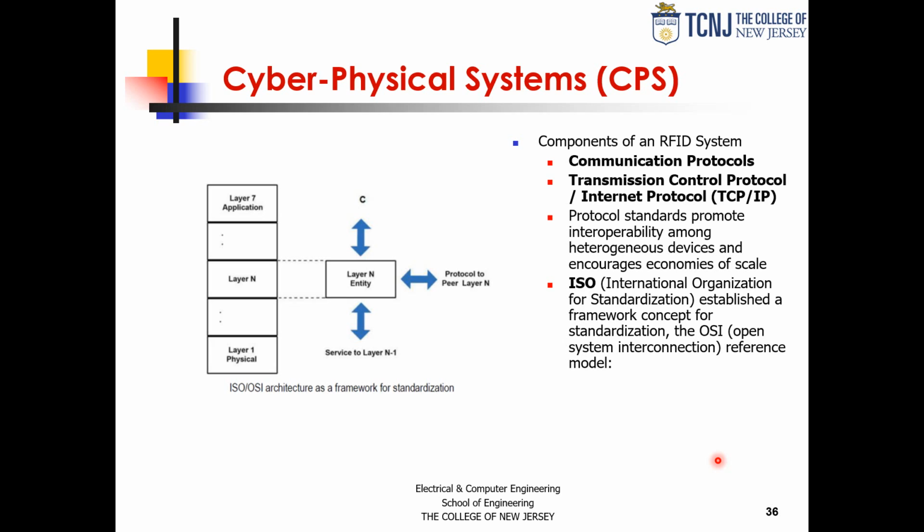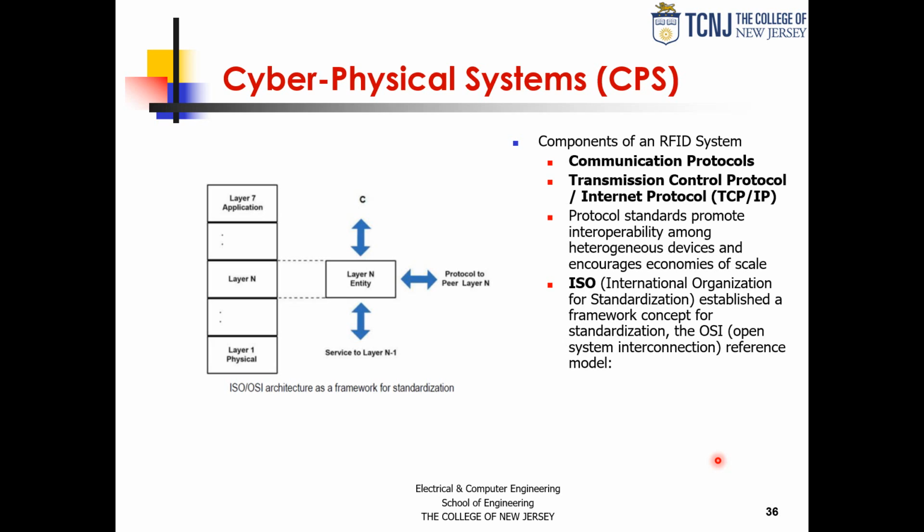At the bottom, you have the physical layer. That's basically the specification that deals with how you connect to the communication medium. It could be air, it could be wired. So there is a standard that applies to the connection to the physical medium.